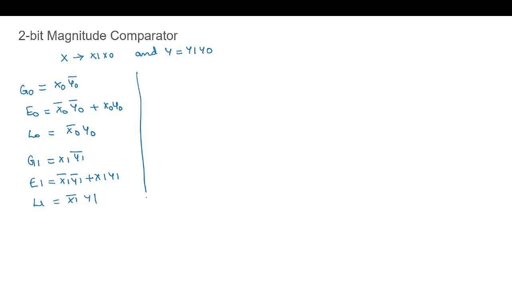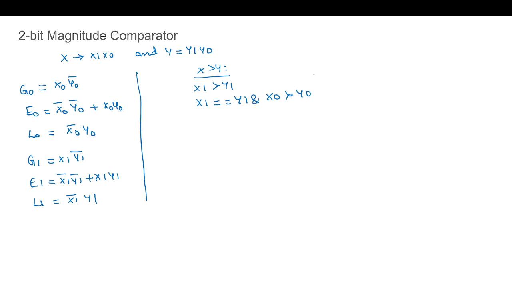So with this, if x is greater than y, then either the MSB bit, if we consider x1 as the MSB, if MSB is greater, then x is greater. Else, MSBs are equal and the LSB bit is greater.